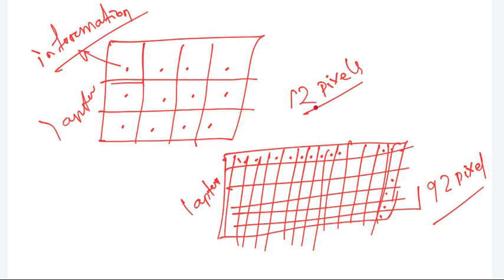That's why the 12 megapixel of iPhone is very good compared to the 150 megapixel of Oppo, Vivo, MI, whatever. So the sensor size is large. This 12 pixel is also equal to this 192 pixel, but the 12 pixel will give you a more accurate photo because the sensor size is large, and it can capture a good amount of energy.